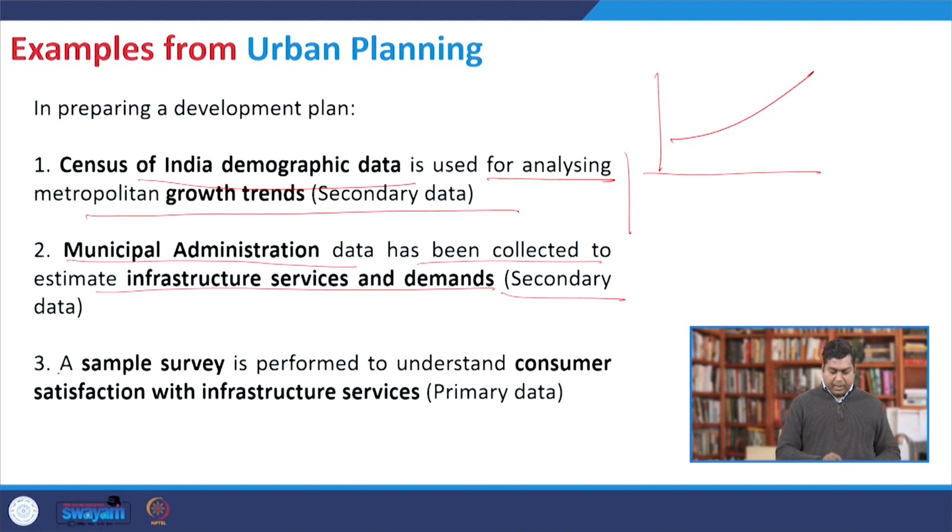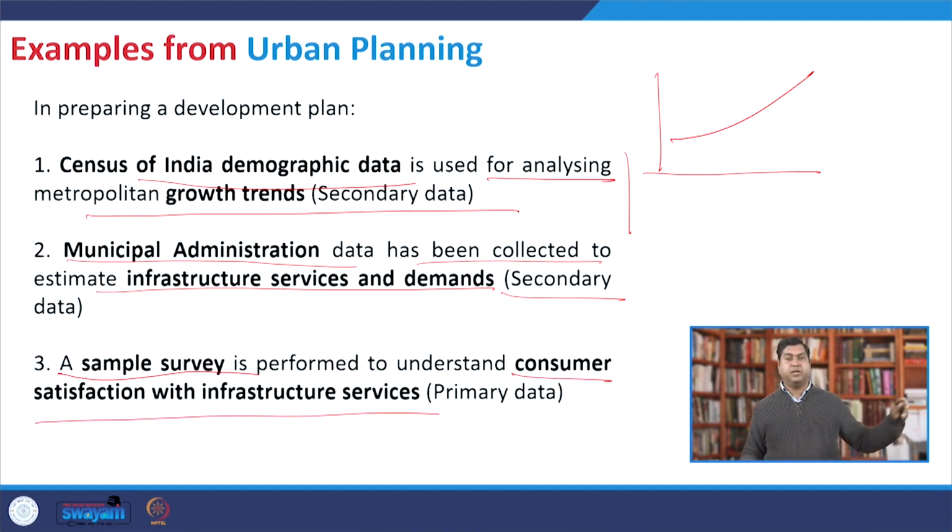At the same time, you have a sample survey to understand consumer satisfaction with infrastructure services, which is not captured in the government report, that is, this infrastructure is made, but what is the satisfaction of users towards it? For that we need to go for primary data collection.